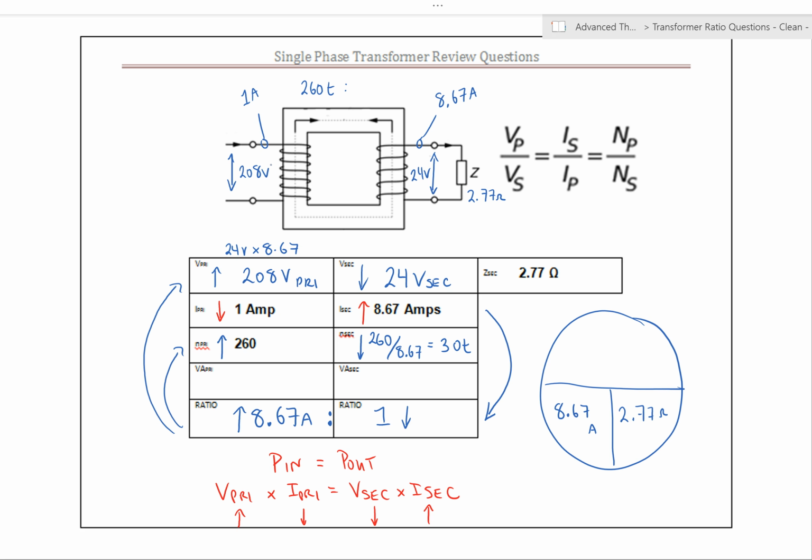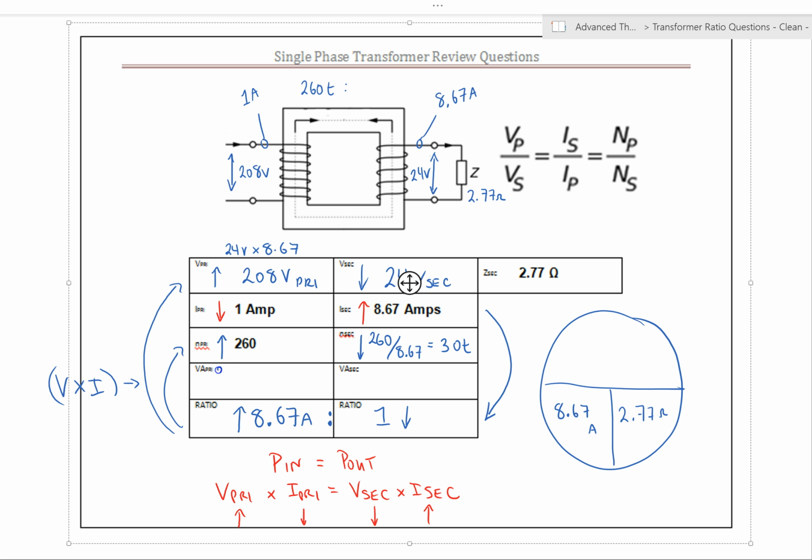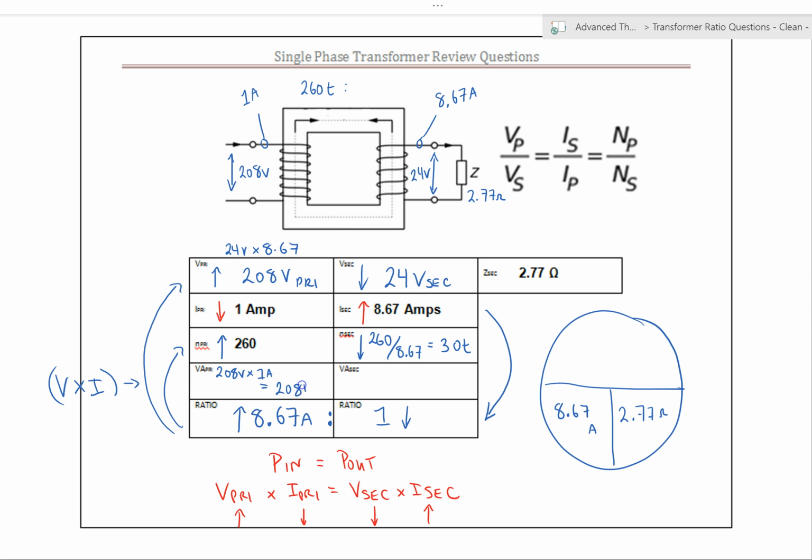And now if we've done everything right, then our VA should be the same. So this guy right here for the VA, this is voltage times current. Okay, so we're just doing single phase right now. So these two values right here will be voltage times current. So this guy is 208 volts times 1 amp, which is obviously 208 VA. Okay, let's do the other guy.